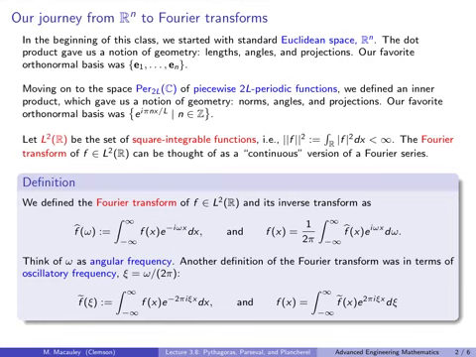So for example, some people write a Fourier series where c_n is 1 over L times the integral from negative L over 2 to L over 2. So they're looking at L-periodic functions, not 2L-periodic functions. And then it's f of x e to the negative 2 pi i n x over L, dx.